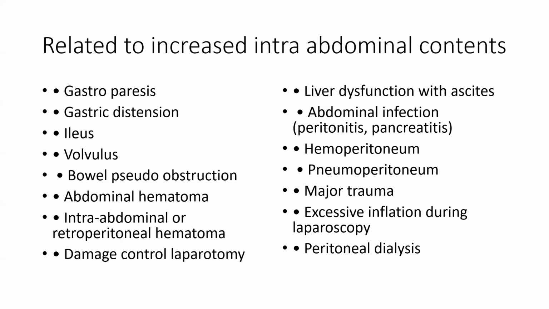Related to increased intra-abdominal content, that is gastroparesis, gastric distension, ileus, volvulus, bowel pseudo-obstruction, intra-abdominal or retroperitoneal hematoma, damage control laparotomy, liver dysfunction with ascites, abdominal infection, hemoperitoneum, pneumoperitoneum, major trauma, excessive inflation during laparoscopy, and peritoneal dialysis.